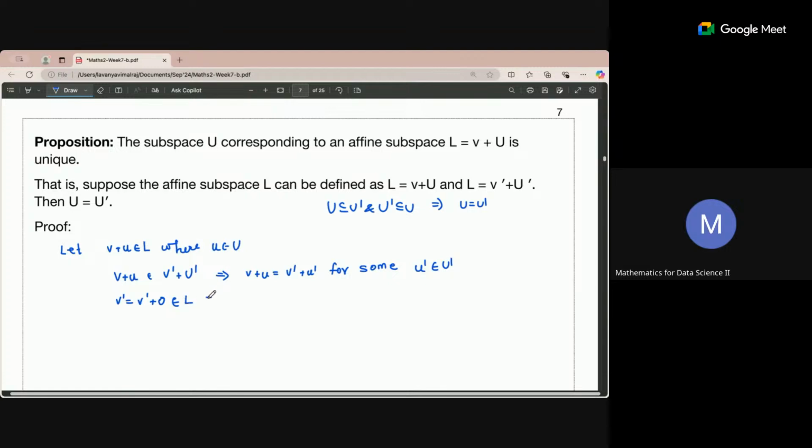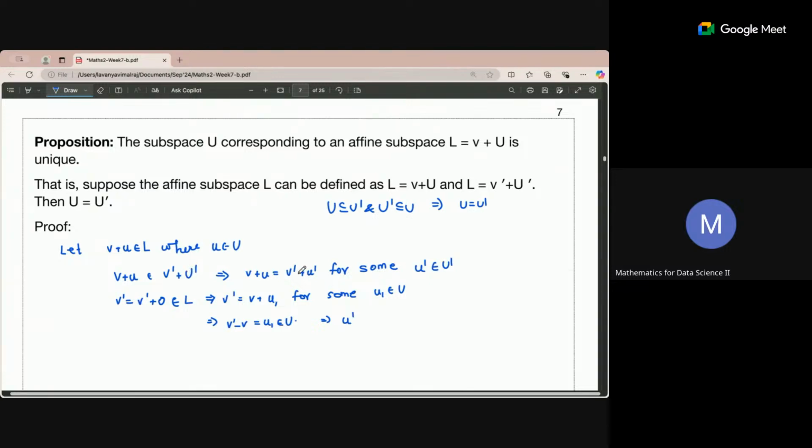So this means that V dash is equal to V plus U1 for some U1 in U. Now this implies V dash minus V is equal to U1, which belongs to U. So now what have you done? What is your U dash?